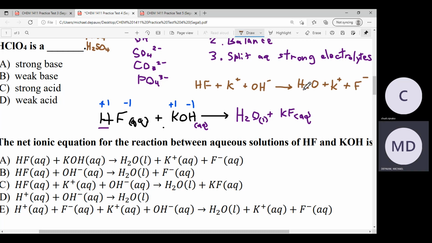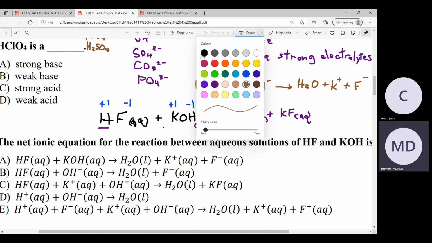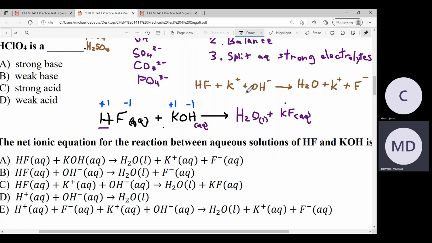Okay. Now, if I was to add the appropriate phases here, let me go ahead and switch to this. Add the appropriate phases. This is going to be aqueous. This is aqueous. This is aqueous.